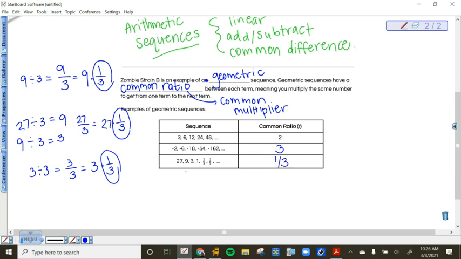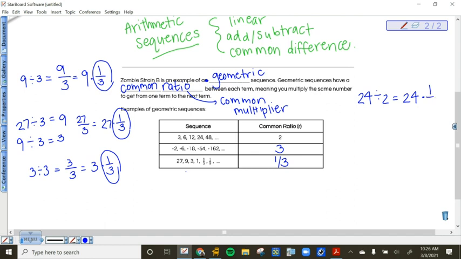So that's a really big concept, that when we're dividing by something, if I take 24 and divide by 2, that's the same thing as multiplying by the reciprocal of 2.